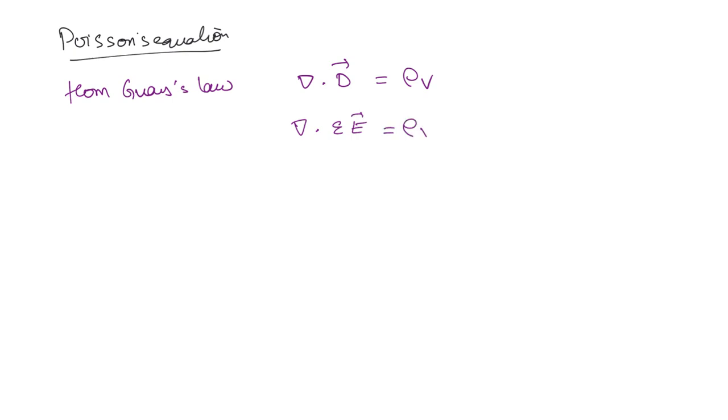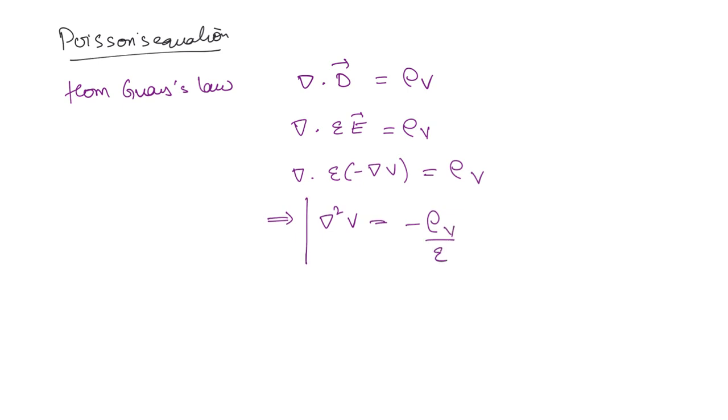So this is equal to rho v, and once again the electric field we can write in terms of the potential as the negative gradient of potential. So del dot epsilon (minus del V) is equal to rho v. Okay, so from here you can write del square V is equal to minus rho v by epsilon.